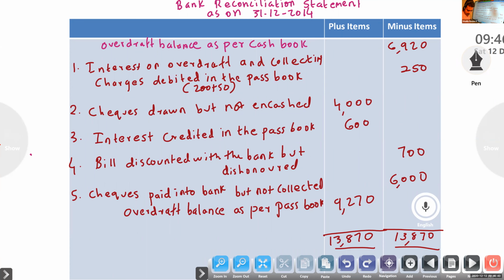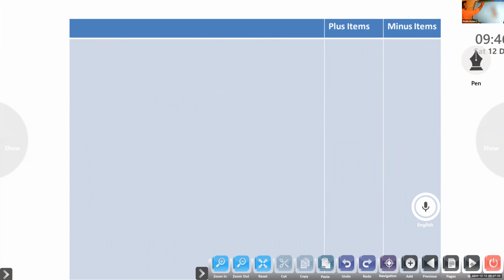So first question. You have to give a little more concentration on the 14th question. It is simple. Here, overdraft as per passbook.